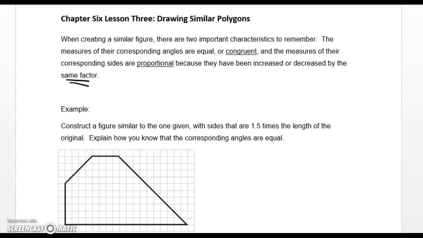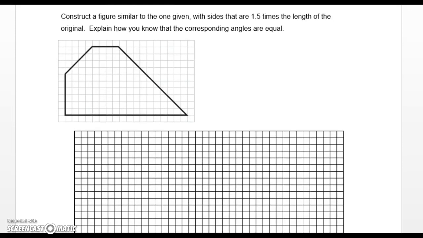So we're going to use this information to do example number 1 from your notes. We're actually going to draw a similar polygon. Here we're going to construct a figure similar to the one given with sides that are 1.5 times the length of the original, and we're going to explain how we know the corresponding angles are equal.